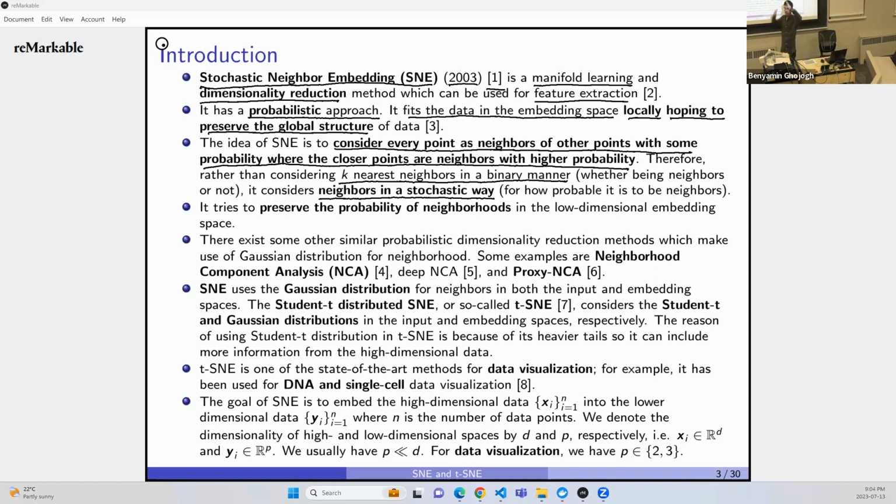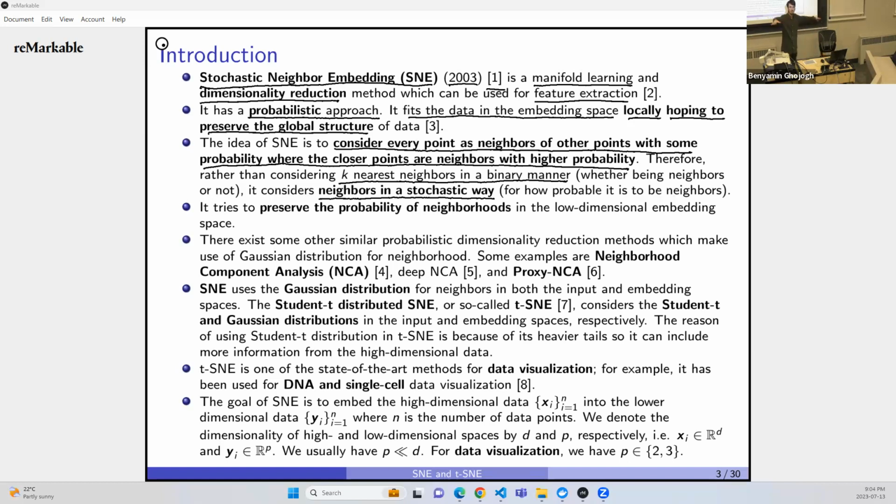If you are highly probable to be my neighbor in the input space, you also need to be highly probable to be my neighbor in the low dimensional space. If you are away from me, the probability of being my neighbor is low, and in the embedded space you should also be away from me. Do you get it? Now I think you understand how we should do this.